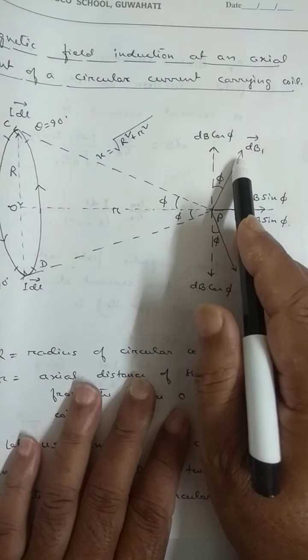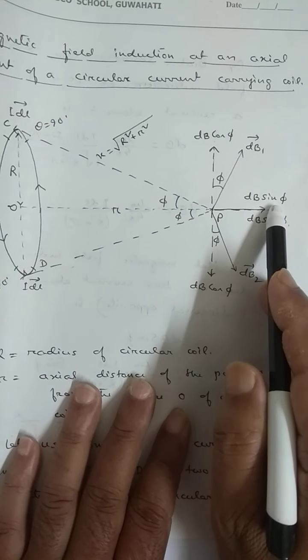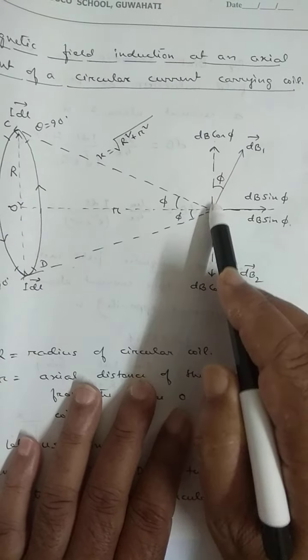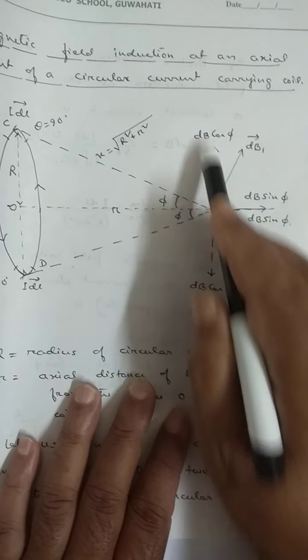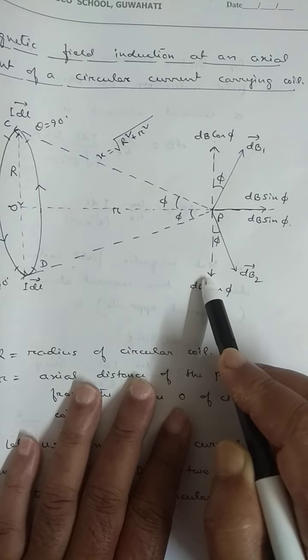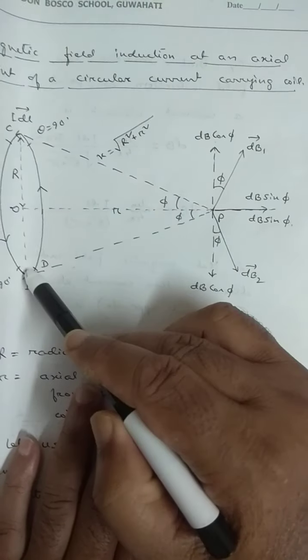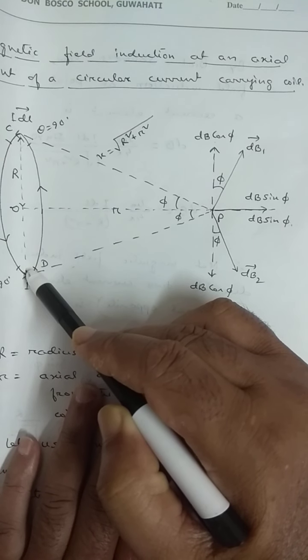So you resolve dB into two components: dB cos phi and dB sin phi. Again, you resolve this dB into two components: dB cos phi and dB sin phi. That means this dB cos phi and this dB cos phi get cancelled, because we considered the current elements at diagonally opposite positions.